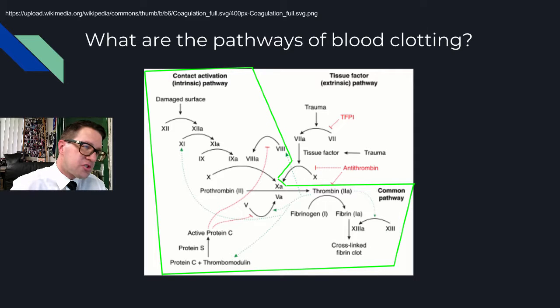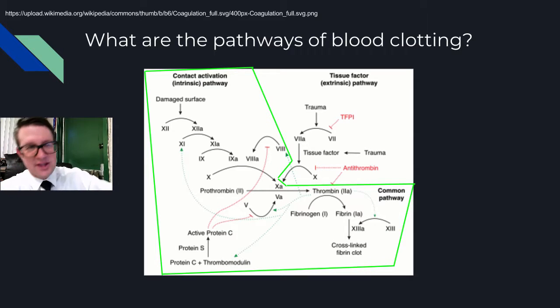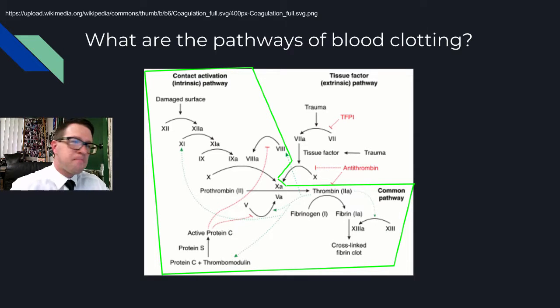If the blood holds still, we get a series of reactions that ultimately result in prothrombin turning into thrombin. Thrombin is used to turn fibrinogen into fibrin. And fibrin is the protein of blood clots. So anything that makes fibrin show up into existence, we call that the blood clot. So if you make fibrin exist, you're triggering a blood clot.